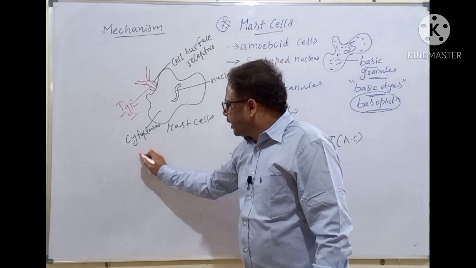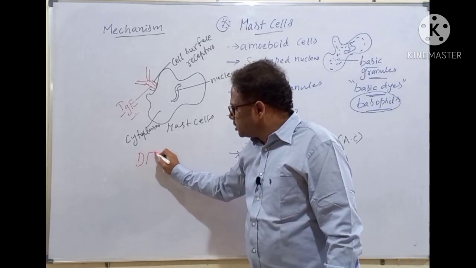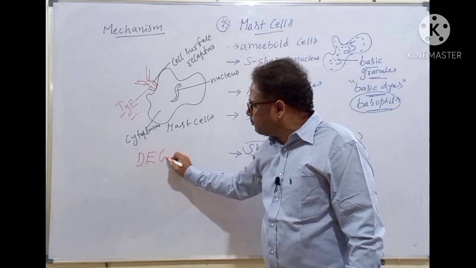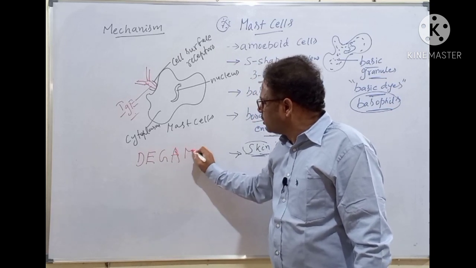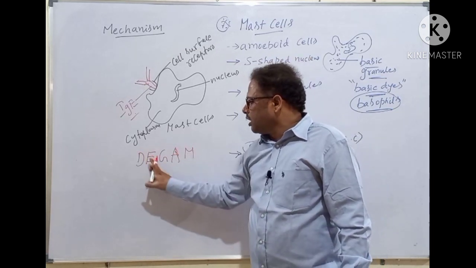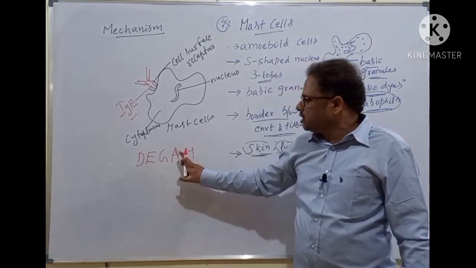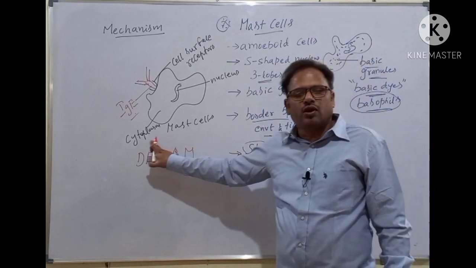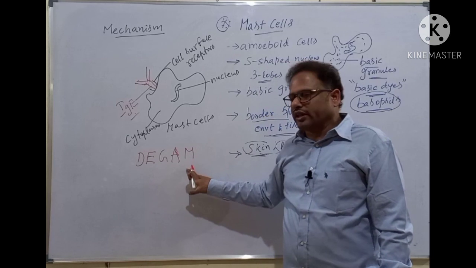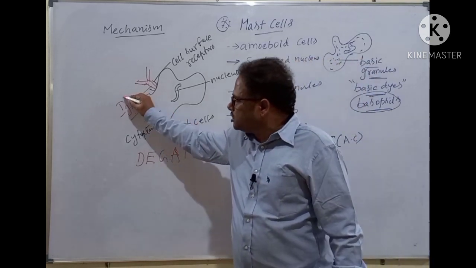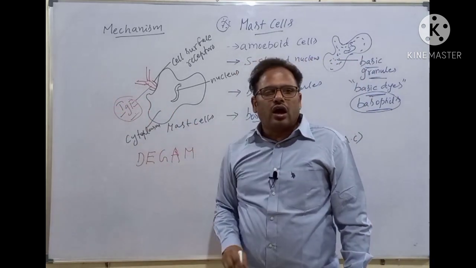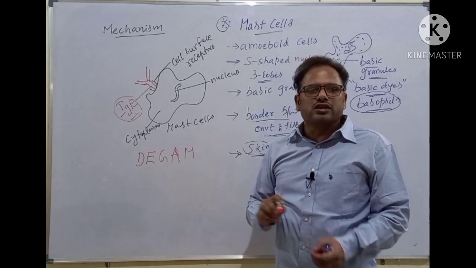These antibodies are nothing but immunoglobulins. There are 5 different types of immunoglobulins. An easy way to remember is DAGM: IgD, IgE, IgG, IgA, IgM. One of the types is IgE, which is concerned with hypersensitivity or allergic reactions.